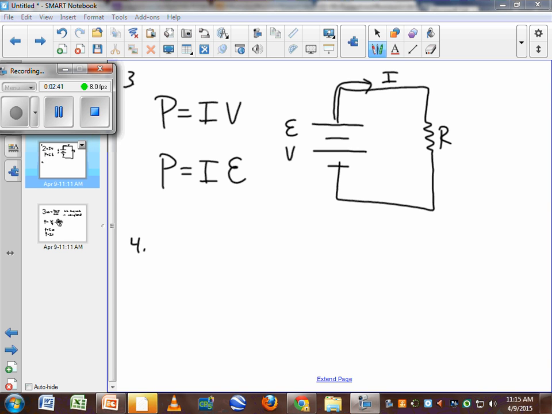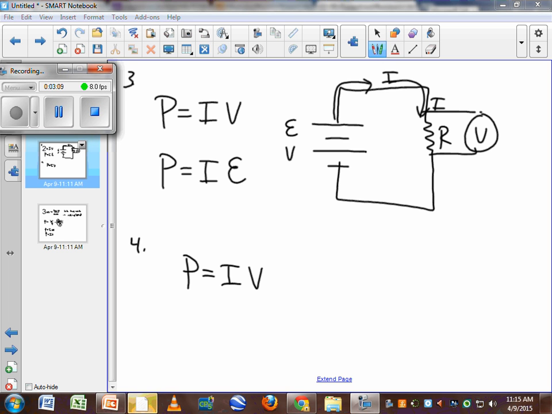We know that the current going through this resistor is I, and if we measure the voltage drop across this resistor, we'll get V, so the equation is power equals I times V, just like the power for the battery, except this is the rate that power is being dissipated out of the resistor, instead of being given to the circuit by the power supply.